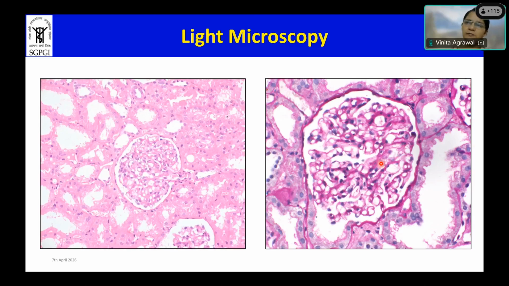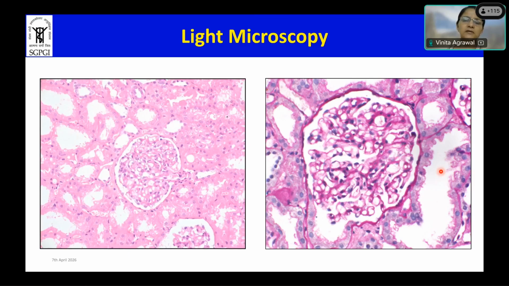So if you see a biopsy with normal appearing glomeruli, but you think there is glomerulomegaly, always try to search for FSGS, do more serial sections. That is a tip that you always need to remember when you look at a renal biopsy. At this point, it looks like a normal glomerulus.